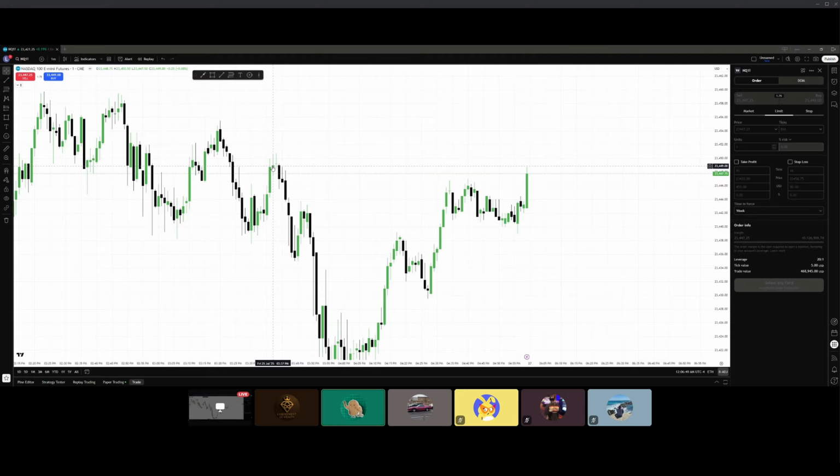And I do little lotto tickets here and there. I don't really talk about it, but I'll take some SPX trades whenever I see ES dropping or going up a lot. I'll take one contract that's kind of far out of the money, and if it hits, it hits.